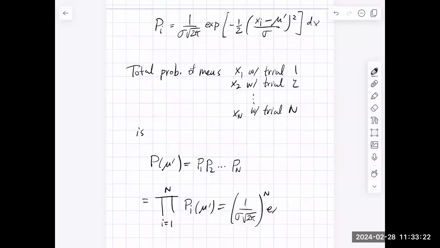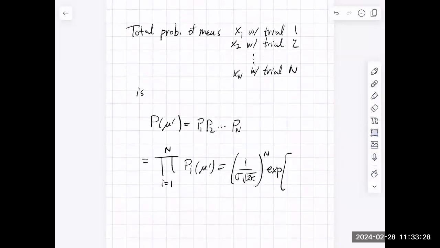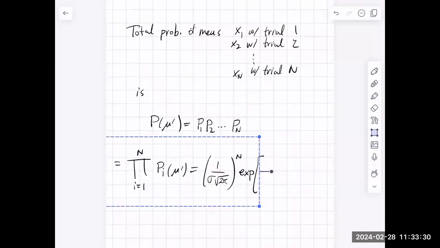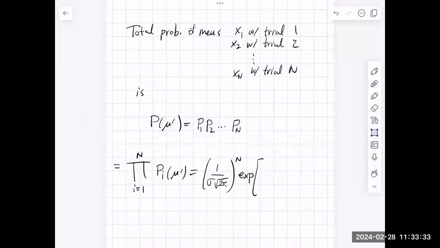So that would be equivalent to the exponential of -1/2 times the sum from i equals 1 to n. And what we're going to have in that sum is x_i minus mu prime over sigma, and that has to be squared. And then we have to close our bracket. There we go. All right. Perfect.